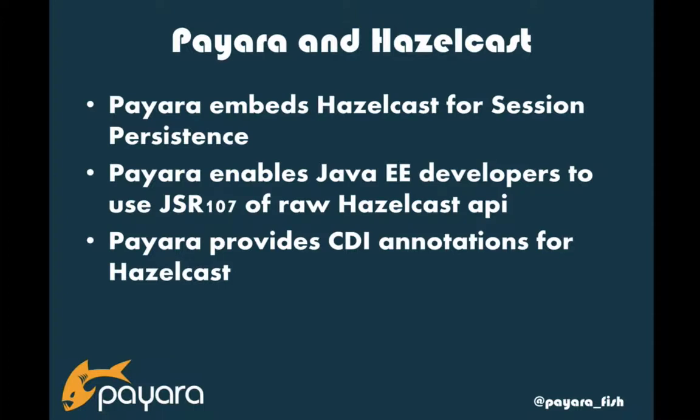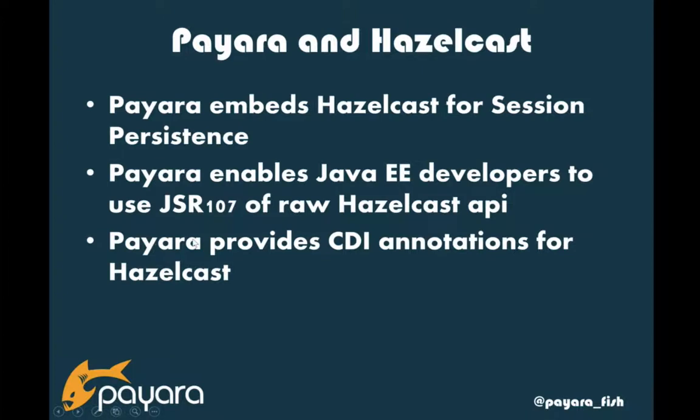Hazelcast itself has way more capabilities than provided through the JSR 107 API, which is a bit of a lowest common denominator API. So Hazelcast has much more powerful capabilities, and through Payara you can just look up a Hazelcast instance through JNDI, or you can inject one through CDI and use the Hazelcast APIs directly.